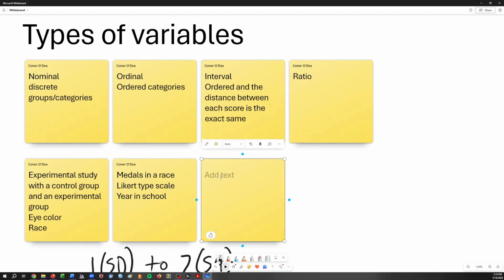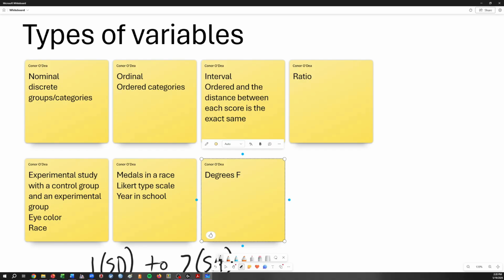So thinking about this, an example of an interval measure would be degrees Fahrenheit, because the distance between 25 and 26 degrees is the exact same as the distance between 55 and 56, or 60 and 61. And so these are ordered, meaning that as you go higher in this particular scale, it is getting warmer progressively, and the distance between each of those units is the exact same.